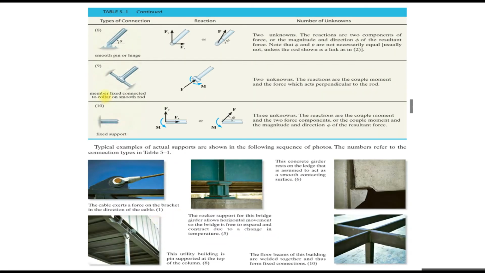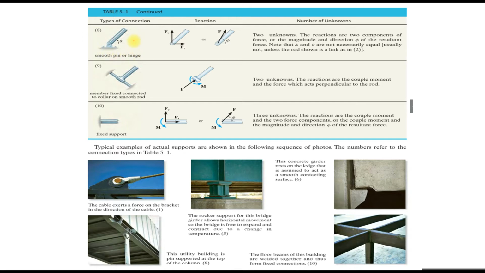For a smooth pin or hinge, meaning it does not restrict the rotational movement, we have two reaction forces, Fx and Fy, or we can represent it with a single resultant force with its own angle from one of the axes.